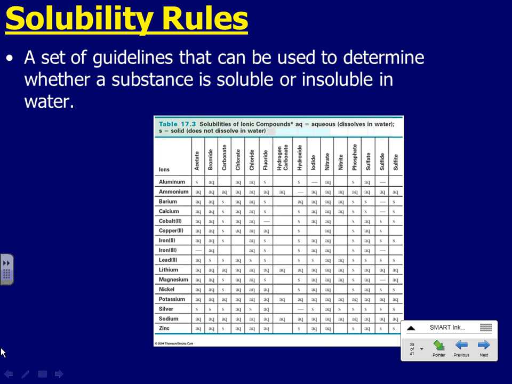And then you'd have to convert that over to an AQ, right? If something's soluble, it's going to dissolve, and then it's aqueous. If something's insoluble, it doesn't dissolve, and it forms a solid. So you had to do a little extra step a few years back.